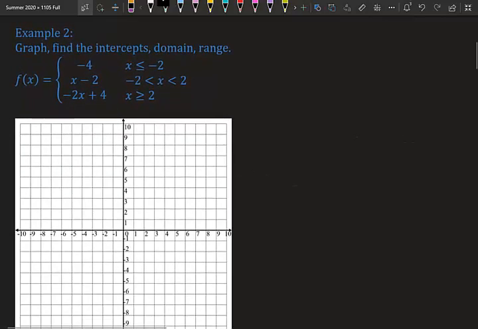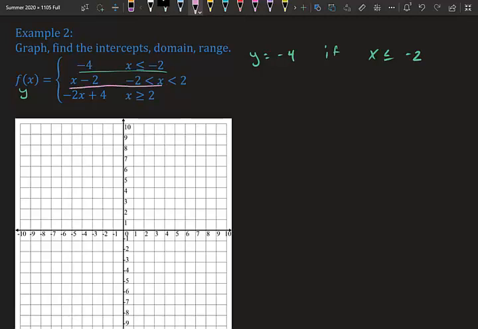Alright, so we're going to graph, find intercepts, domain, and range. So the first thing we're going to do is graph. But before we do that, let's pull out each equation. So we have 3 equations here. Remember, f of x just means y. So we have y equals negative 4 if x is less than or equal to negative 2.